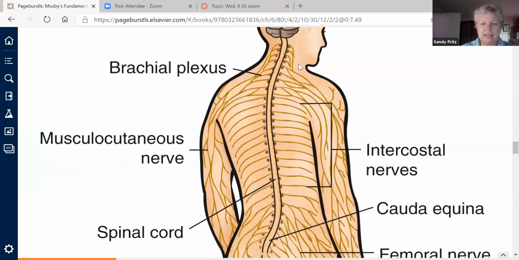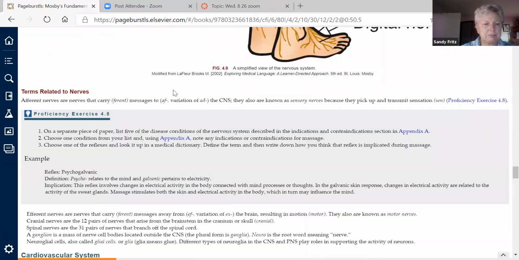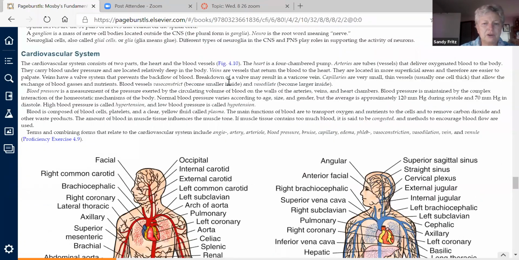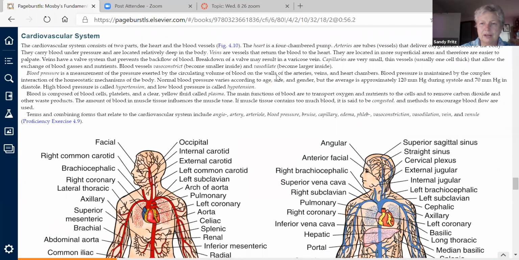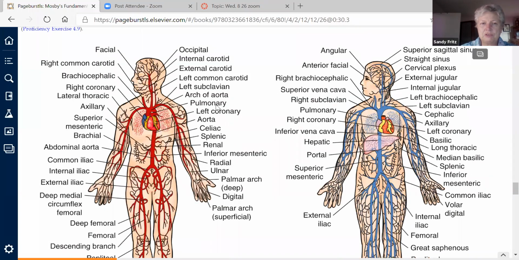There's generalized nervous system. Now you're not a neurologist, nor are you a cardiologist, but you do need to know the location of these major vessels and major nerve tracts, so that you don't... they're sensitive to pressure.